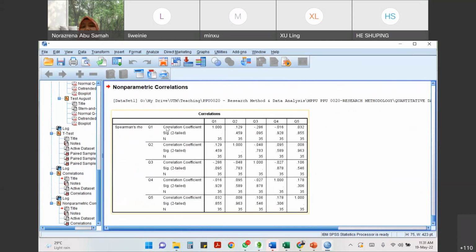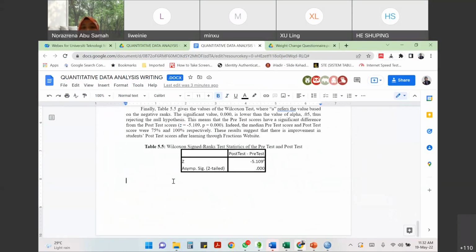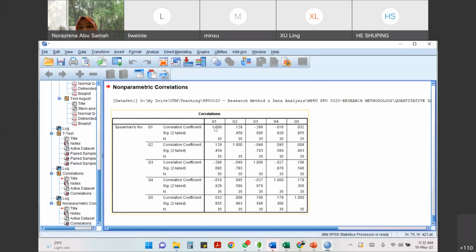If you want to use Spearman, the Spearman rho, the data is here. The difference is only like this. For Pearson, you always have to write it this way. For Pearson, you will write R. R equals, this is the correlation coefficient.